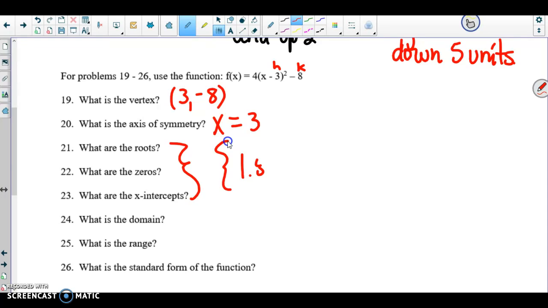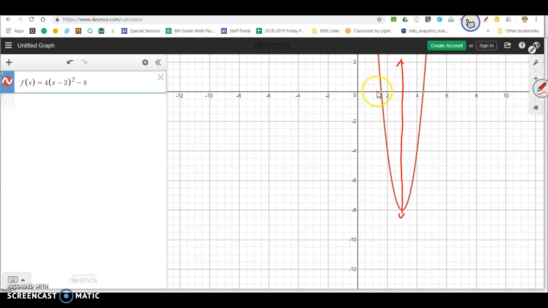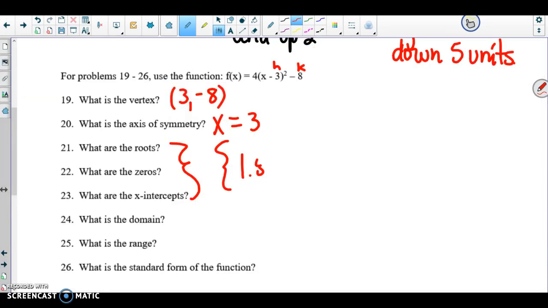Let's double check. Yep, 1.586 and then 4.414. Okay, my solution set. All of those, zeros, roots, x-intercepts.